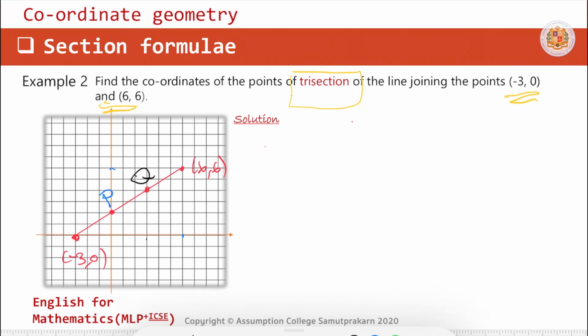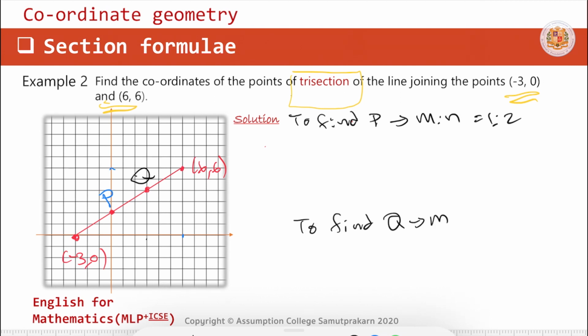Okay, since it's quite similar to example 1, I'll just give you some hints. To find P, we're going to use m to n equal to 1 to 2, and to find Q, m to n would be 2 to 1.